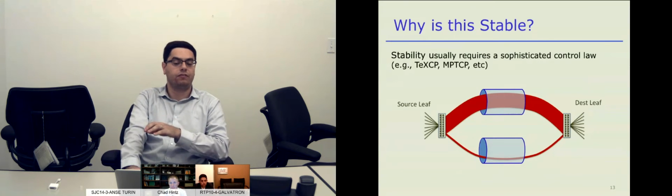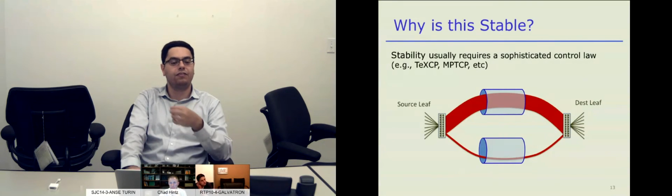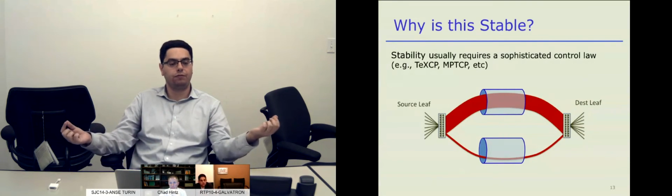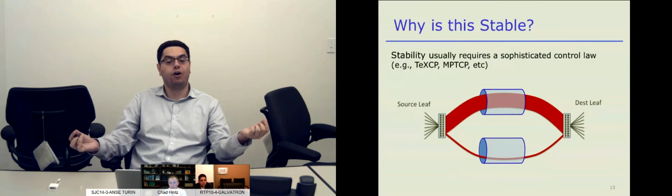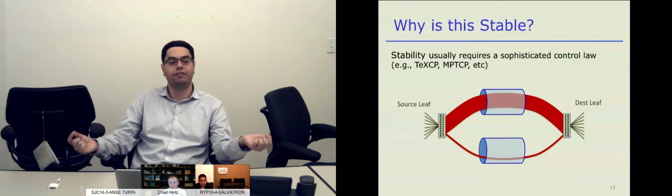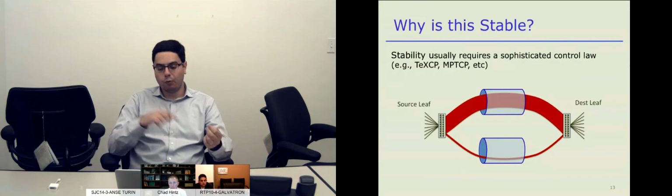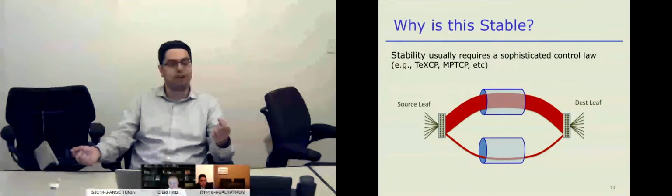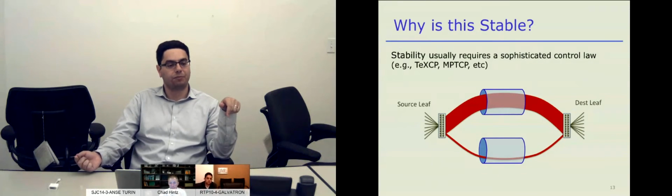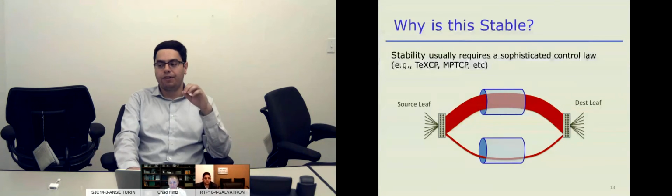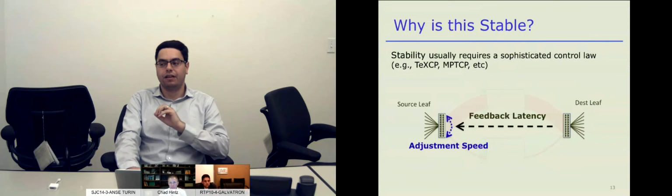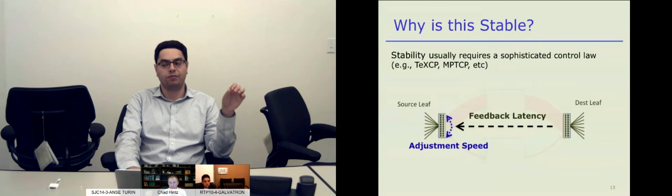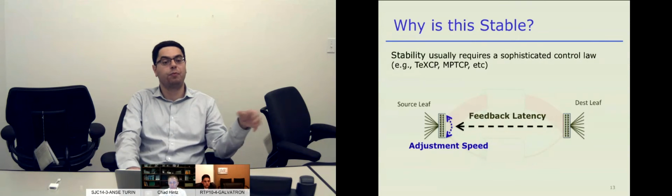We get to avoid this issue in our design because the feedback latency between these two leaf switches is very, very small, since it's directly implemented in the ASICs. From one leaf switch to another across the spine, it might be 5 microseconds. This very fast feedback latency lets us design a very high performance and, at the same time, very responsive dynamic algorithm.